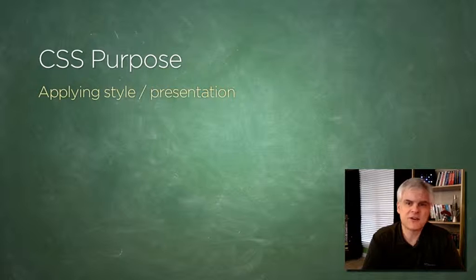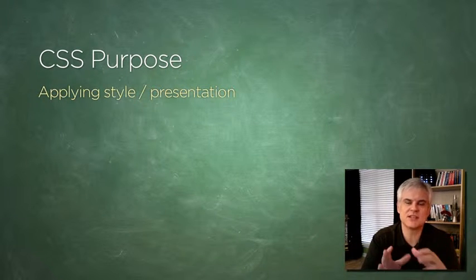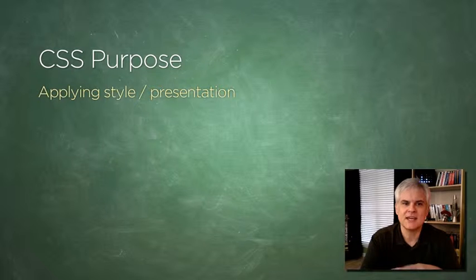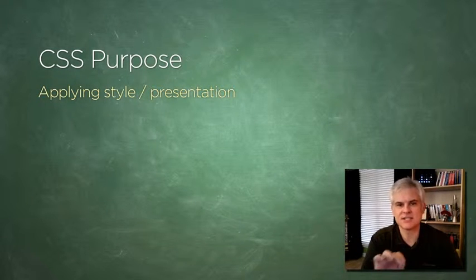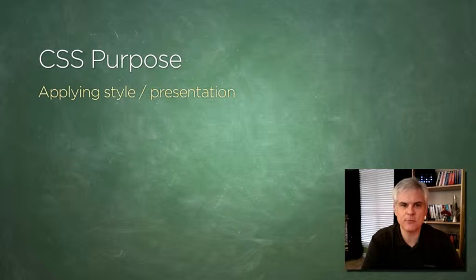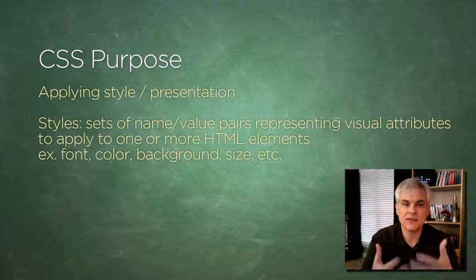I've repeated it over and over up to this point in this series, so it shouldn't be much of a surprise. The purpose of CSS is to apply visual styles to the HTML5 code that you write and affect the presentation of the content. A style is simply a collection of name-value pairs representing a visual attribute of a given HTML5 element.